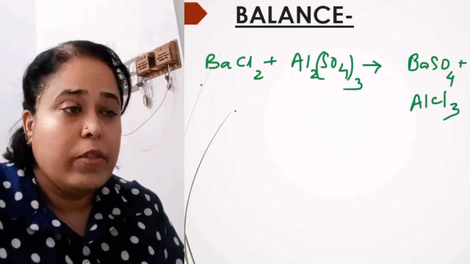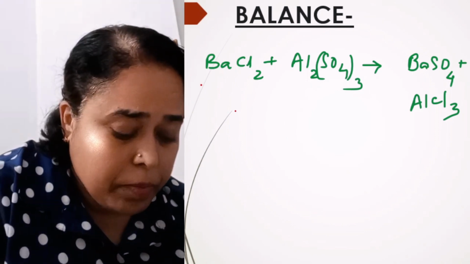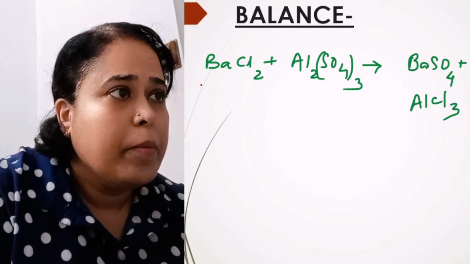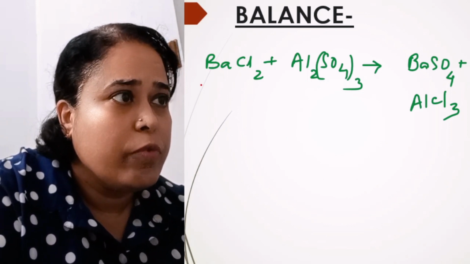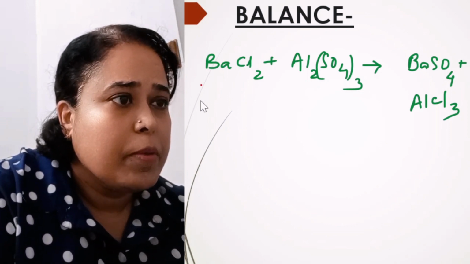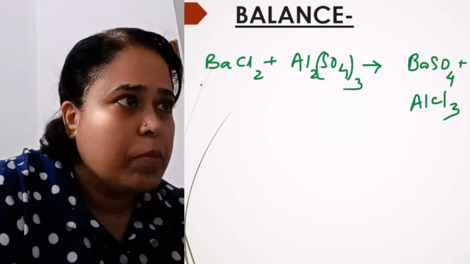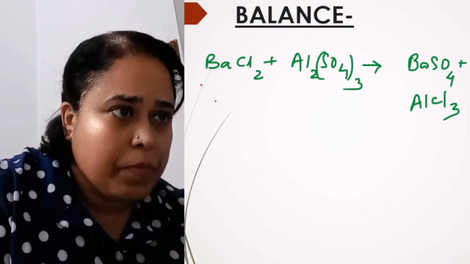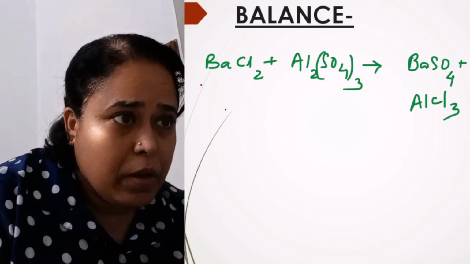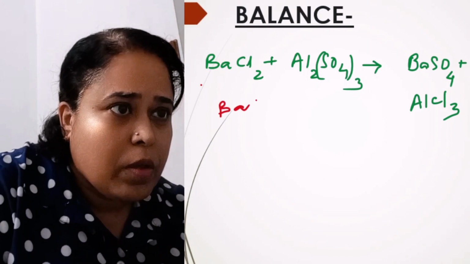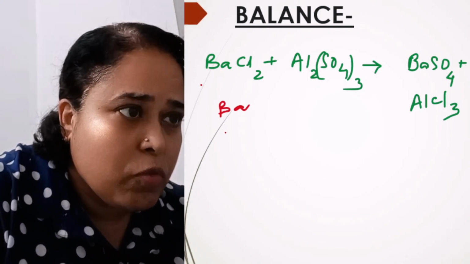Now let's balance this chemical equation. Metals first. Barium is a metal. Then aluminium is a metal.